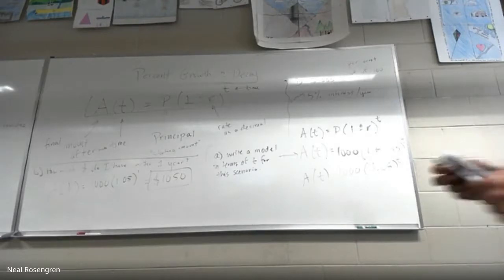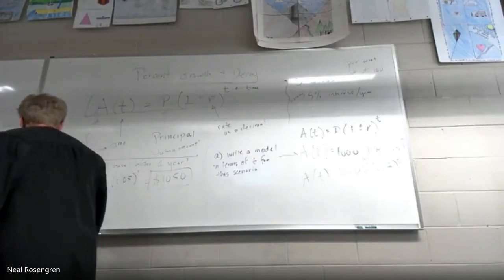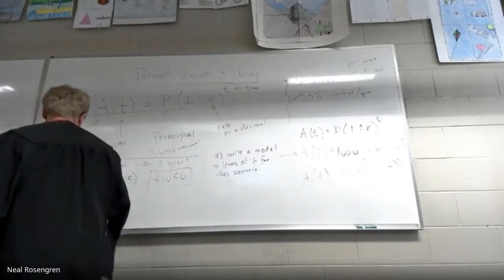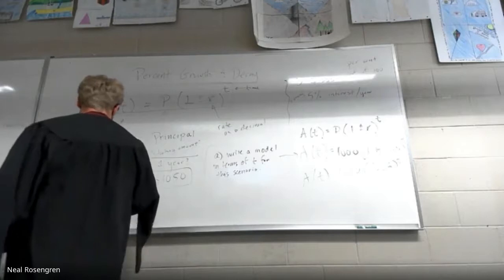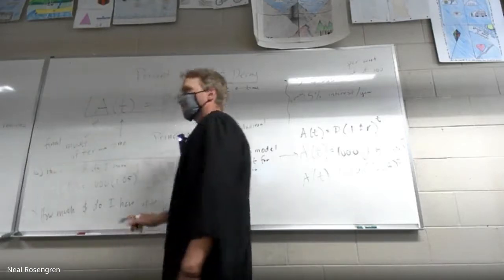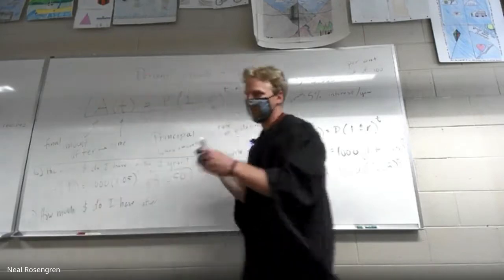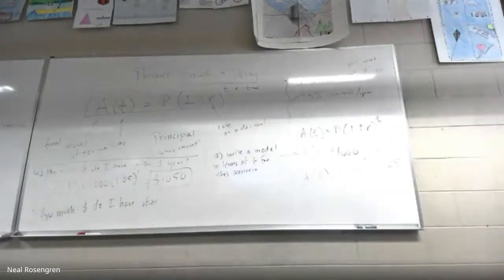Let's do it. Part C. Let's say we don't touch this money. Here's the problem with that question, Ethan. This formula doesn't account for me leaving the money in there.